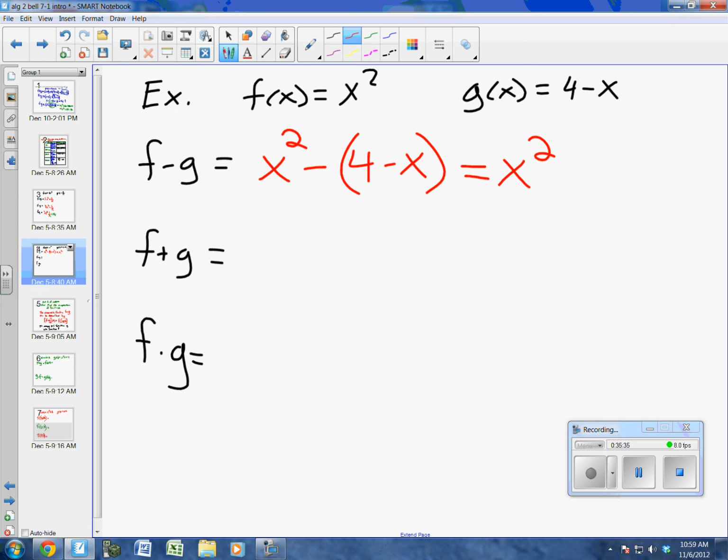Think of it as multiplying a negative 1 through. That's going to be minus 4 plus x. Always just change both signs when there's a minus sign out here. By the way, we should write this as x squared plus x minus 4 in that order. So there's f minus g right there.